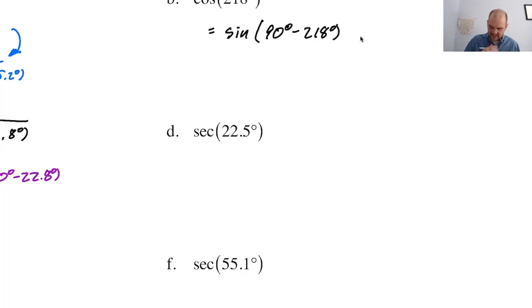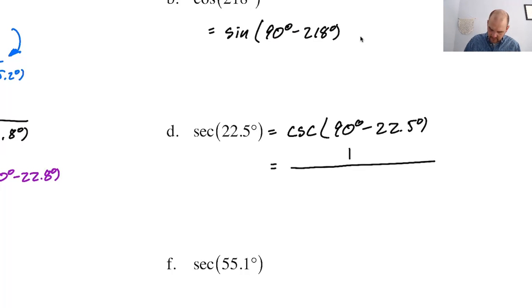So here, secant. There are two ways I can think to do this. The first one would be to say that this is the same as the cosecant of 90 minus 22.5, and then go from cosecant to sine. Sine is the reciprocal, so 1 over the sine of 90 minus 22.5.